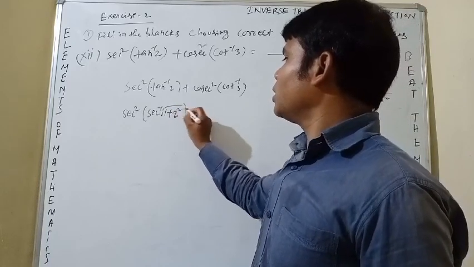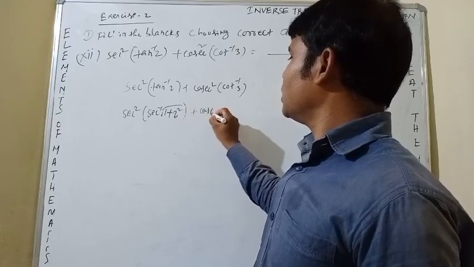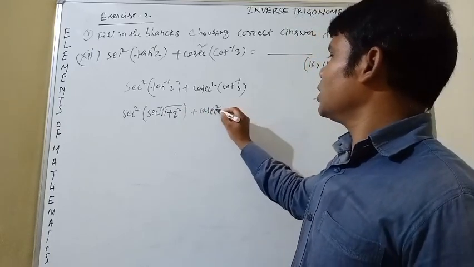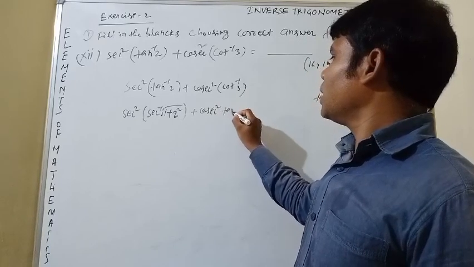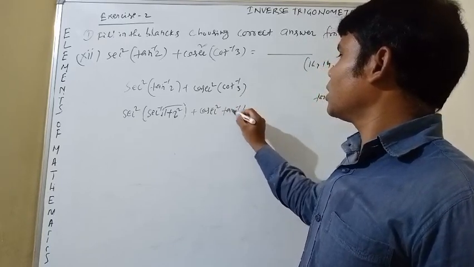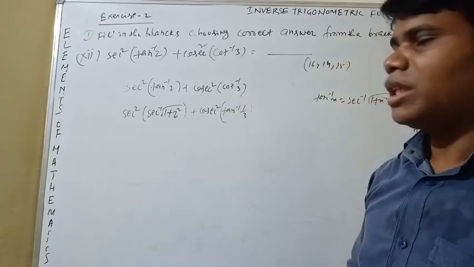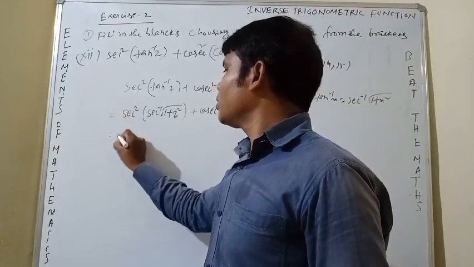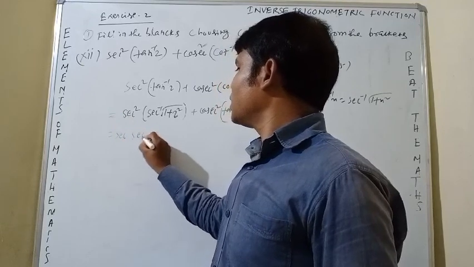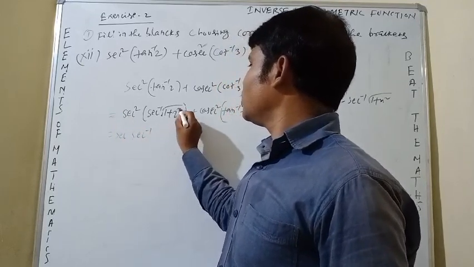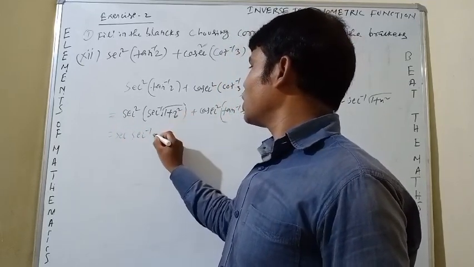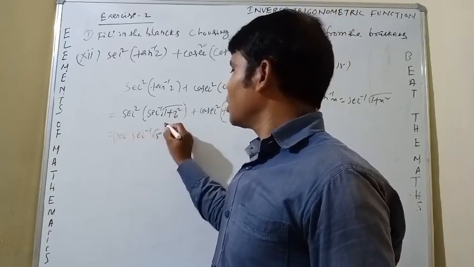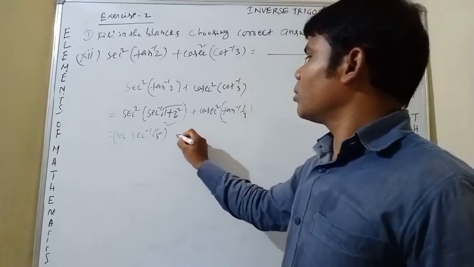This is cosec square cot inverse 3. I can express it in tan inverse, so this becomes tan inverse 1 by 3. It is equal to sec inverse of root of 4 plus 1, root 5, whole square, plus cosec square.